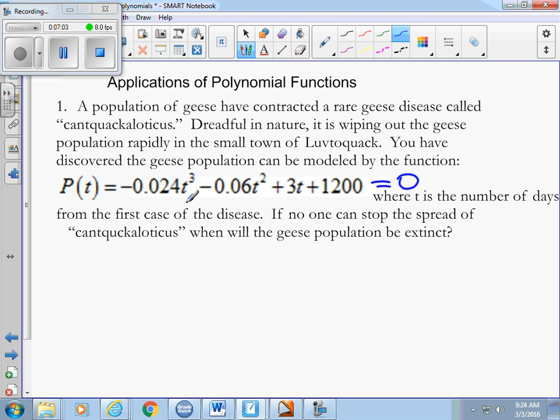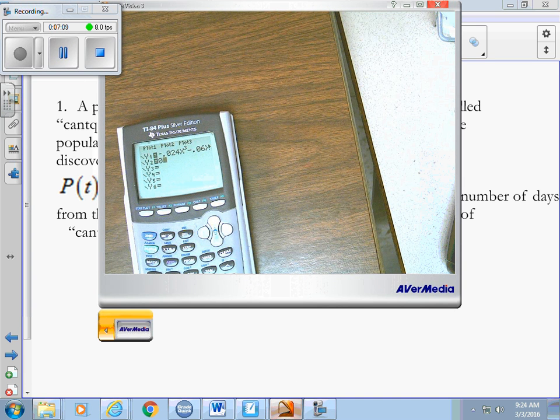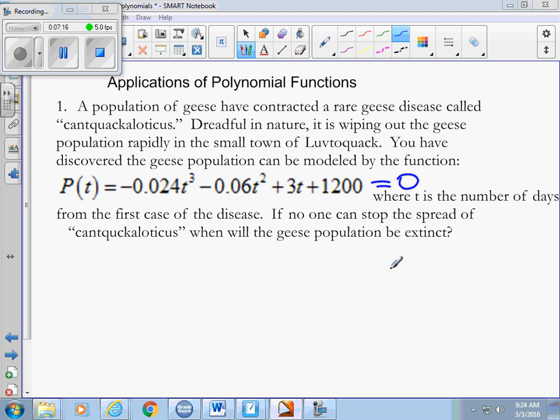You can put this in your y equals and put 0 in y2 and find when this equals 0. And I'll look the problem up. You can see it.